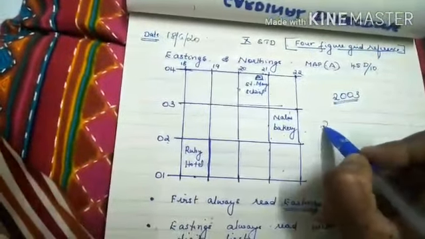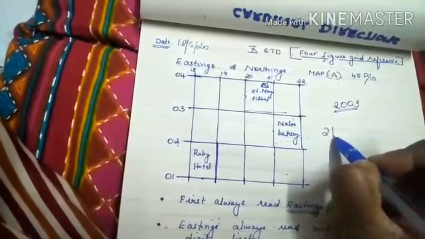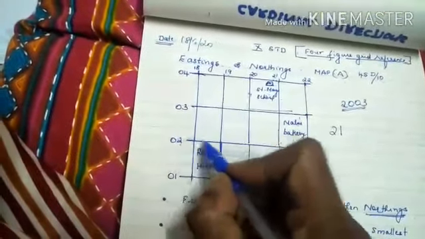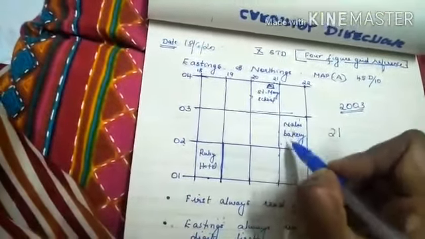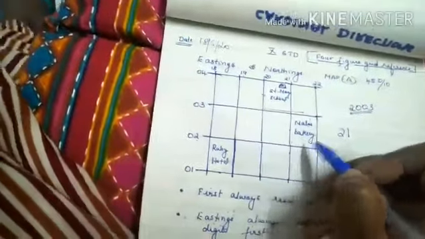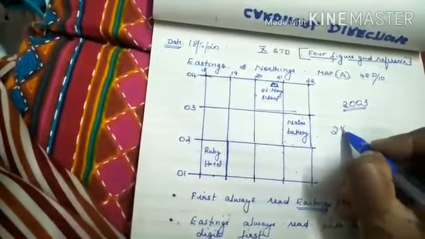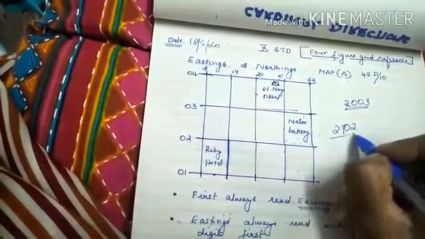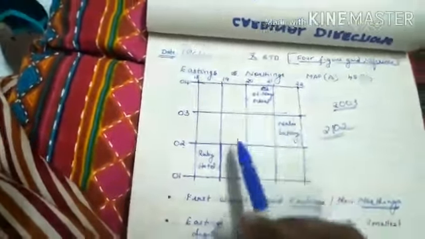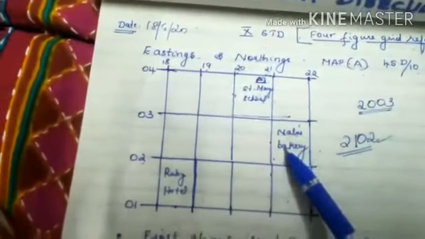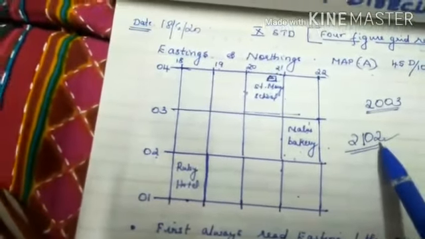So first you have to take the eastings, then the northings. Northings means you have to take 02, the line which is just before the symbol. So, the 4-figure grid reference of Malu's Bakery is 2102.